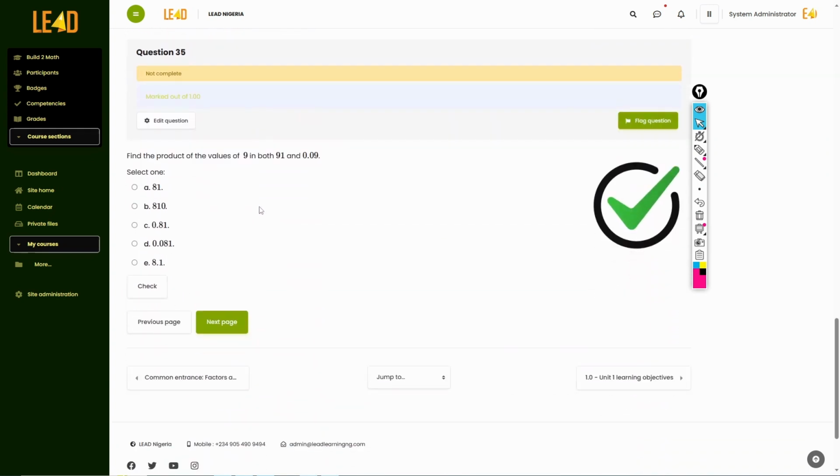Question 35 says find the product of the values of 9 in both 91 and 0.09. In 91, the 9 is in the tens place, so the value of 9 in 91 is 90. And in 0.09, it's in the hundredths place, so the value of 9 there is 0.09.